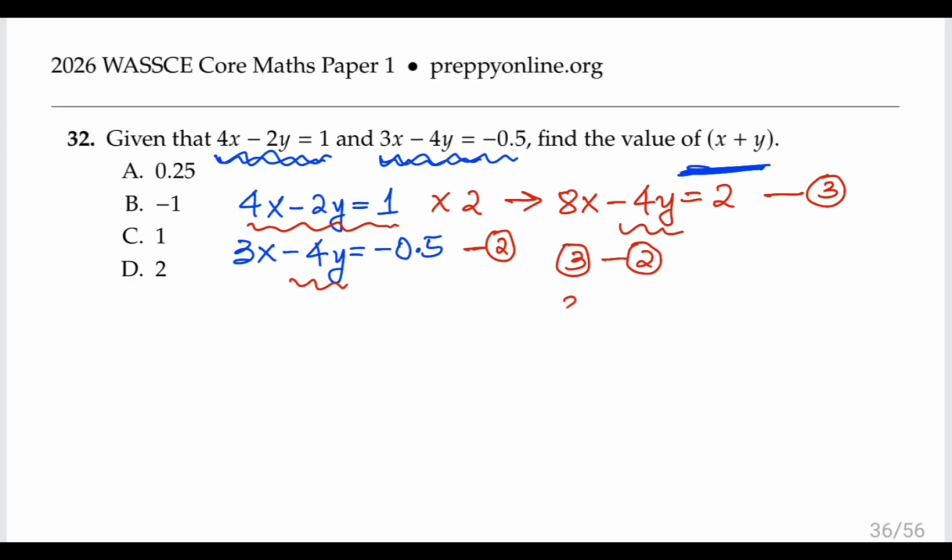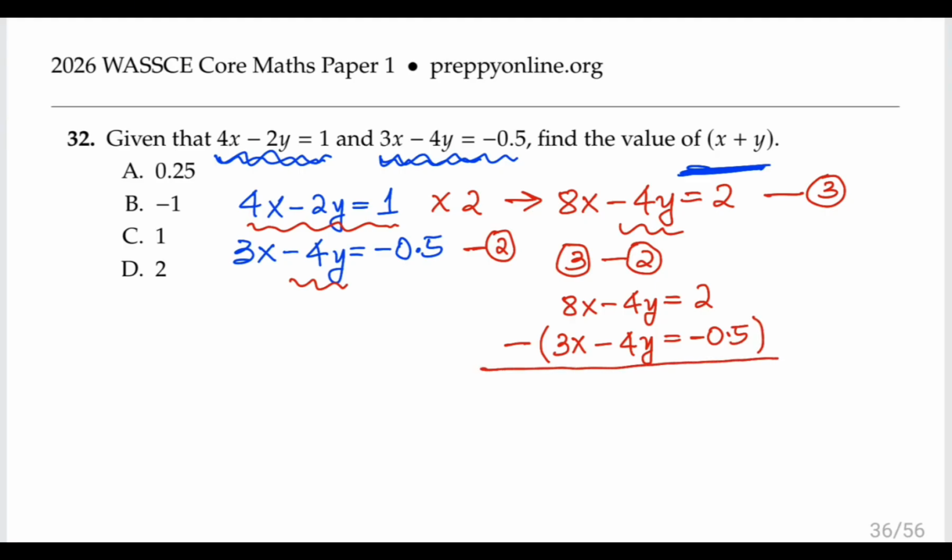It gives us 8x minus 4y equals 2. Then minus equation 2 is 3x minus 4y equals minus 0.5. So what does this subtraction give us? Well, 8x minus 3x is 5x.